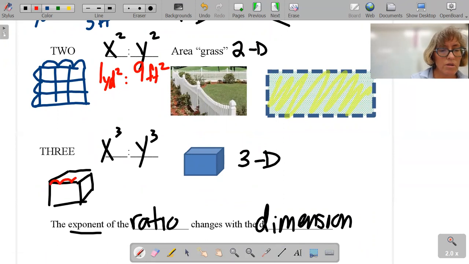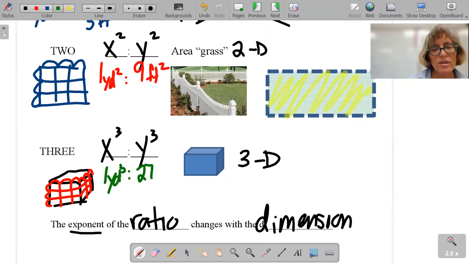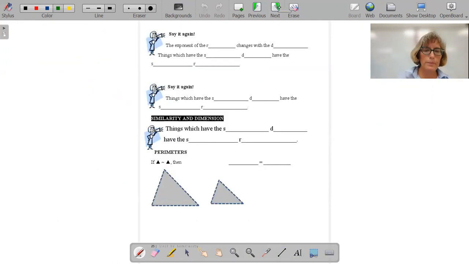It's going to be 3 feet this way, 3 feet this way, and then 3 feet going in depth, which if this was made of a bunch of cubes, it would be 1 yard cubed, and there'd be 27 feet cubed, or sugar cubes, if you will. Think of it as sugar cubes. So the ratios change with the dimensions that you're working in. Keep that in mind.